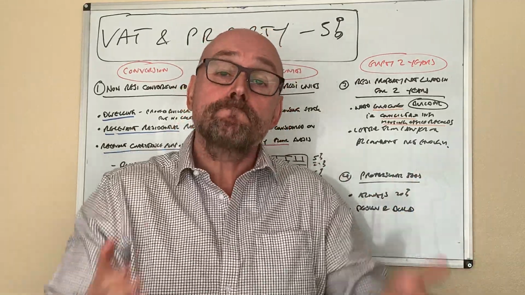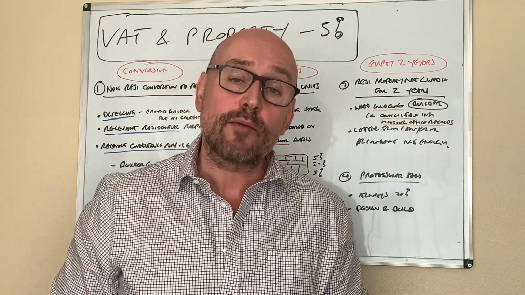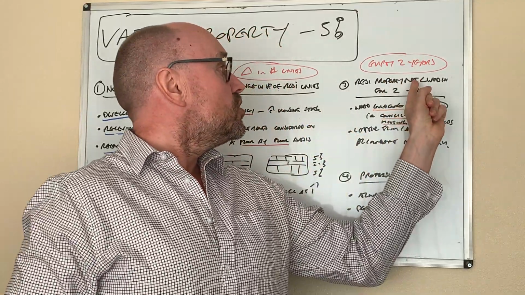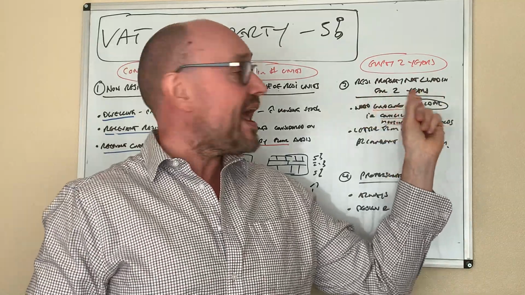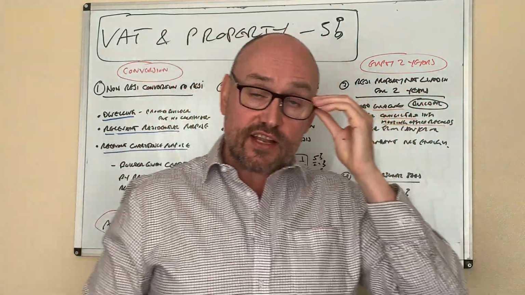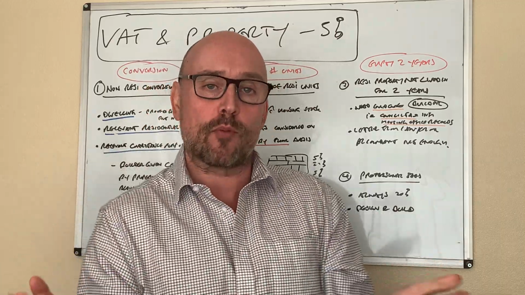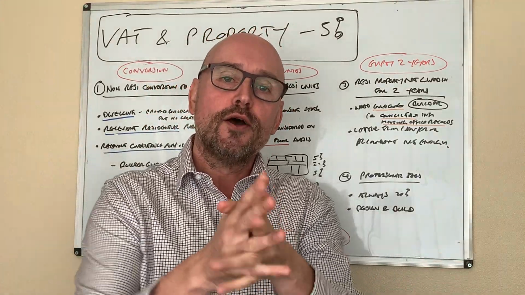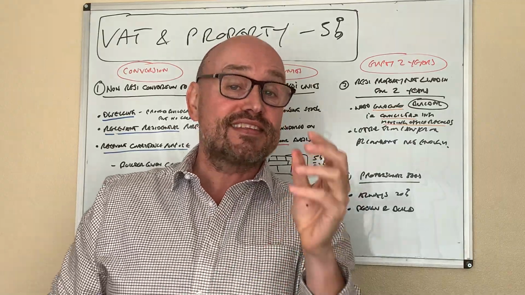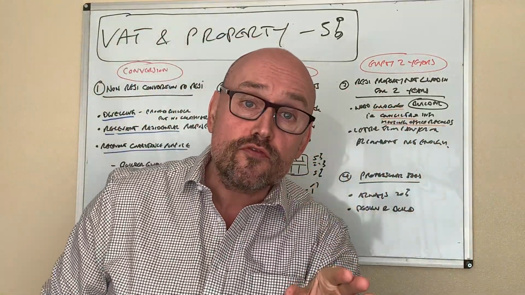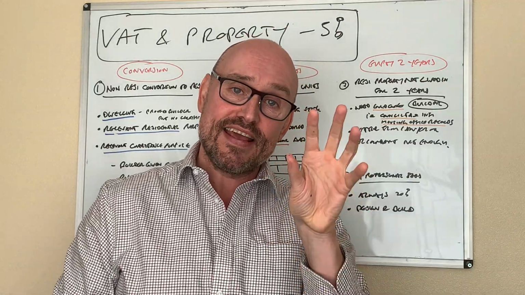So the builder charges the developer 5% VAT, not 20%, if the property has been empty for 2 years. We're looking at residential here. Now, the problem with this, because there's always problems in the VAT and property world when they're combined, is it's down to the builder to prove that the property has been empty.